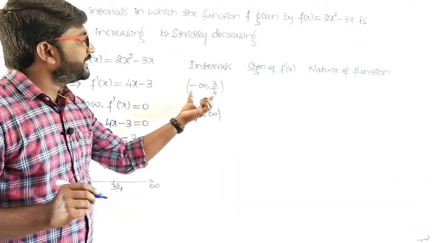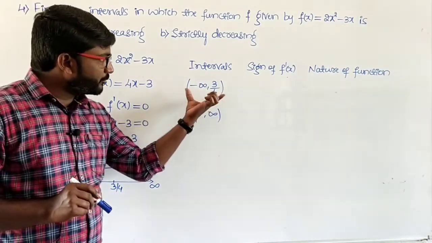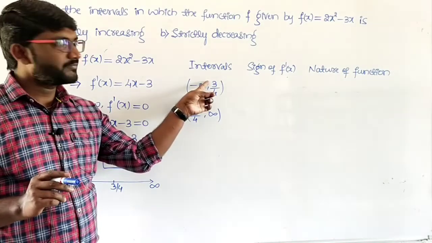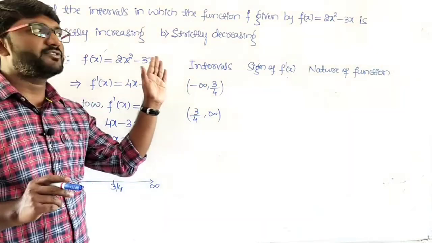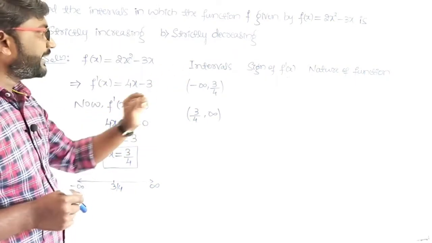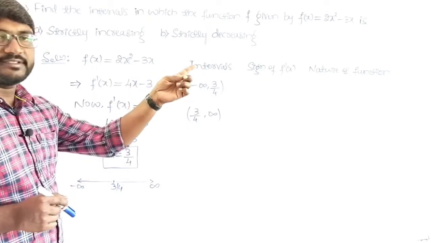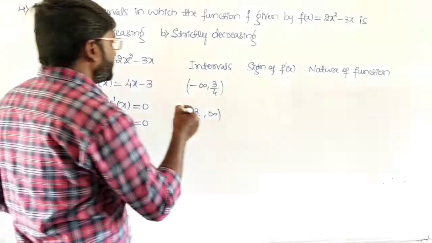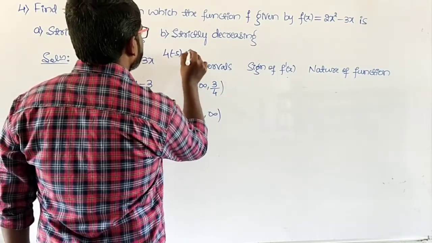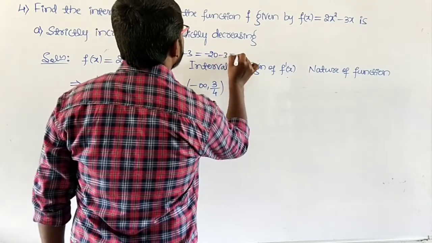Open interval minus infinity comma 3 by 4 means leave these two points and take an in-between value. Here we can take 0, minus 1, minus 2, minus 3, and so on. Let me take minus 5 and substitute minus 5 in f dash of x and analyze whether it is less than 0 or greater than 0. See here, 4 into minus 5 minus 3. 4 into minus 5 is minus 20, then minus 3 gives minus 23.